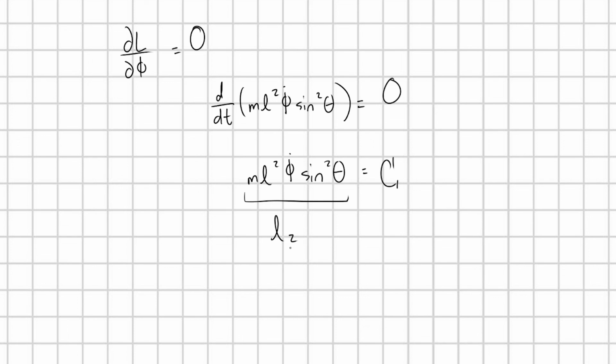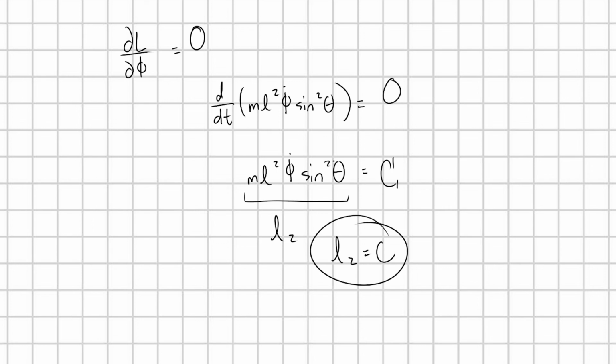So what we ended up verifying by creating our equation of motion for phi is that the z component of my system's angular momentum is conserved. That's really powerful. That's why I didn't take this derivative with respect to time. So we find that Lz equals constant. We found a conservation law.